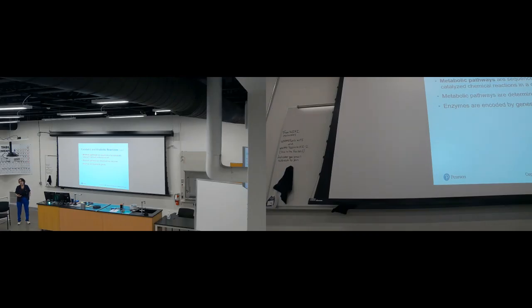Something that can happen is a buildup of a toxic molecule, and that can lead to problems. Now, enzymes, just as most proteins, are coded in our genes, and when someone has defects in those genes, then the person will have a problem in metabolism.